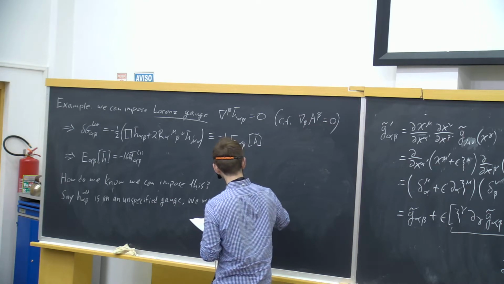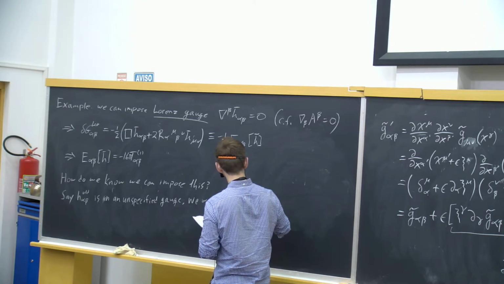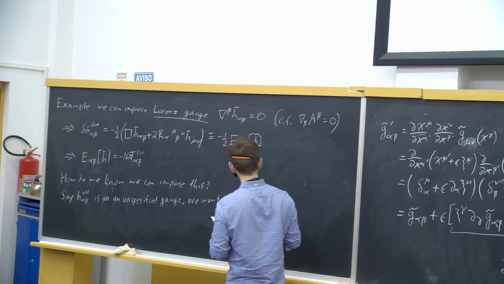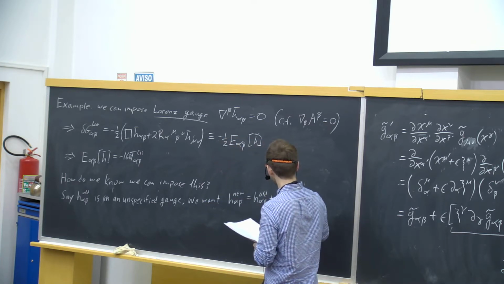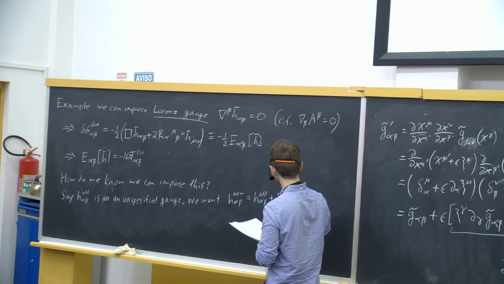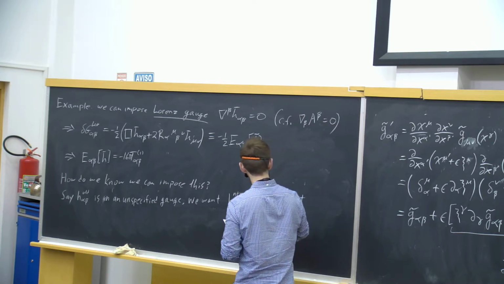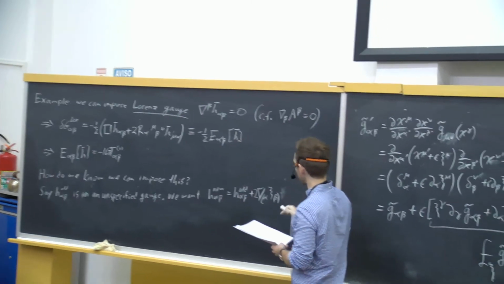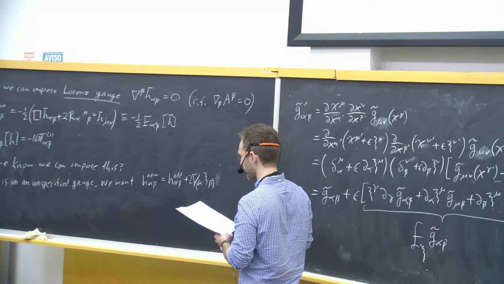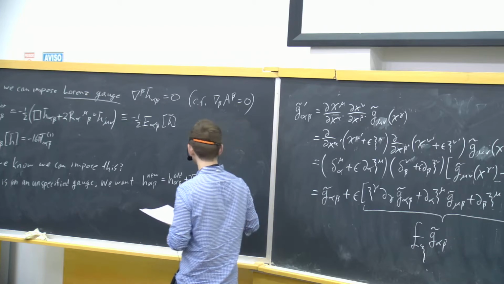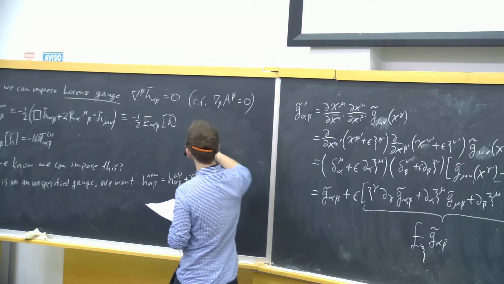And h new is h old plus the symmetrized derivative. Let me just use these parentheses to write it more quickly. I want this to satisfy this equation.